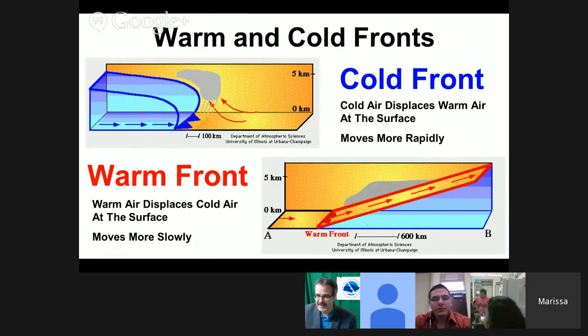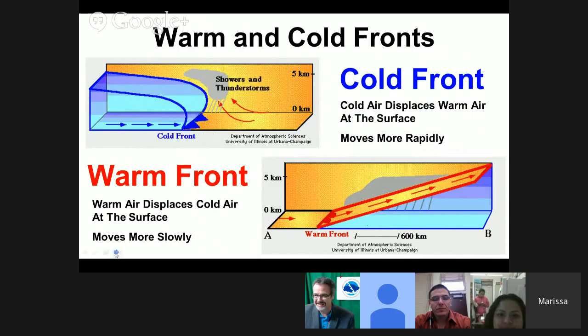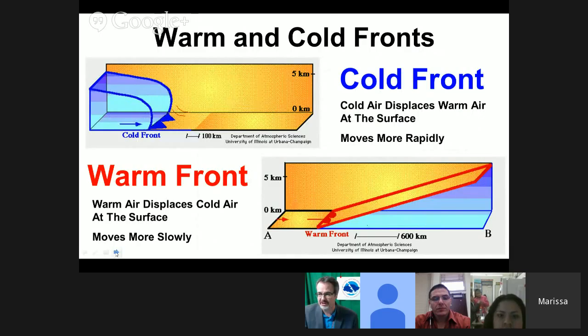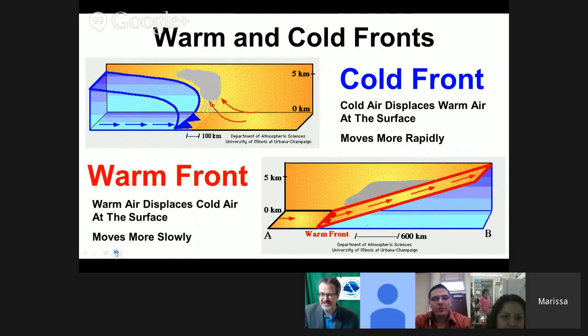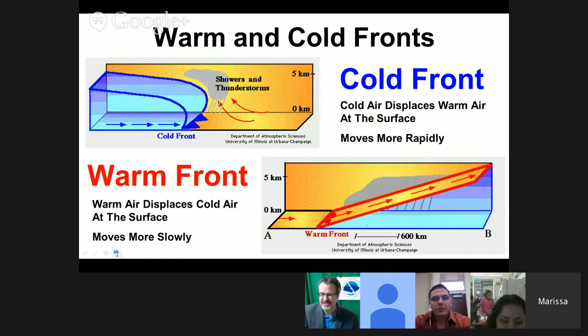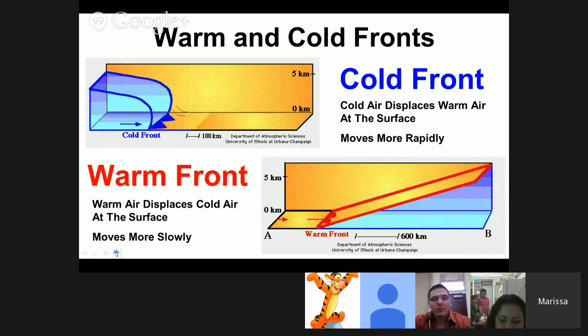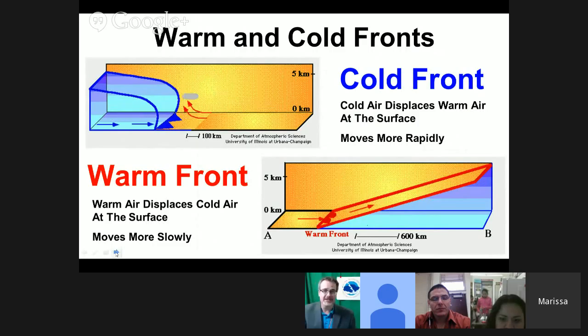So ahead of a warm front, you're likely to get a pretty good line of clouds, but they're usually stratus clouds that produce a lot of precipitation. On the other hand, because they lift the air so fast, cold fronts are almost always associated with active weather, and most of the time, especially in the warmer months, they're going to be associated with the development of thunderstorms.